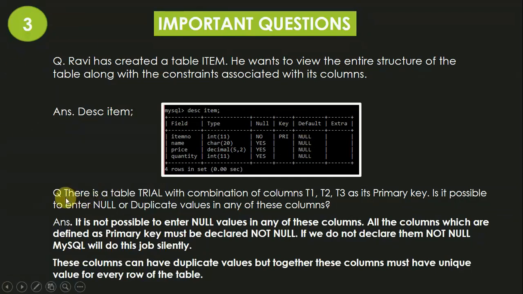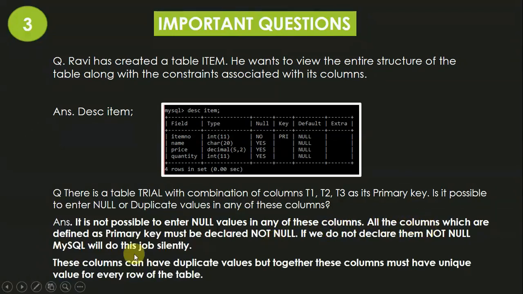Now the next question is, there is a table trial with a combination of columns T1, T2, T3 as its primary key. Is it possible to enter null or duplicate values in any of these columns? The answer is, it is not possible to enter null values in any of these columns.